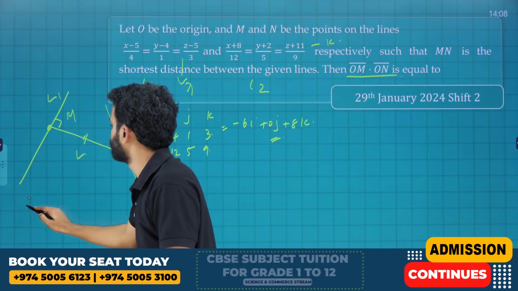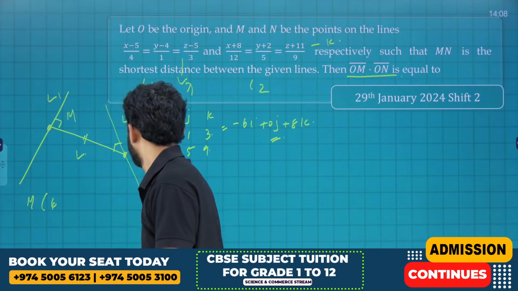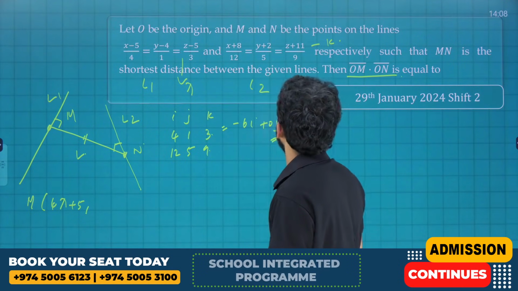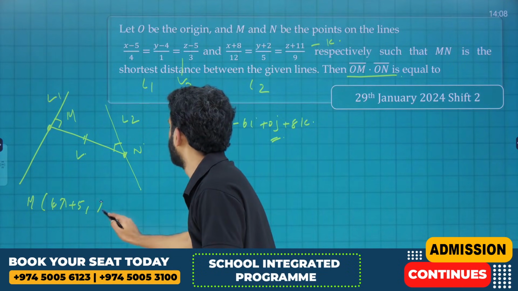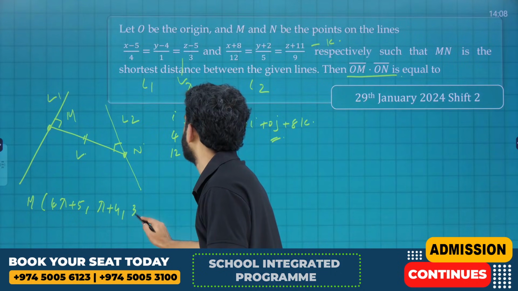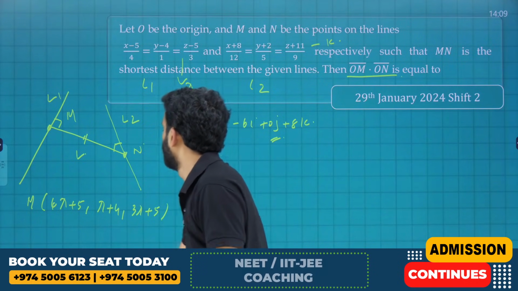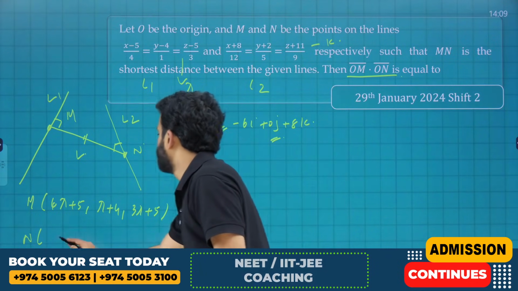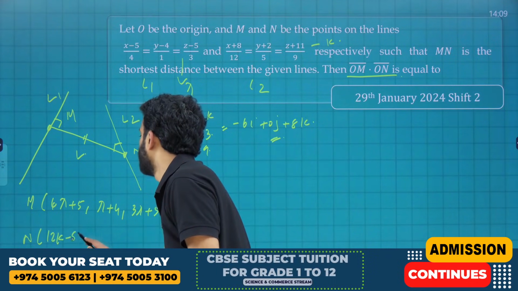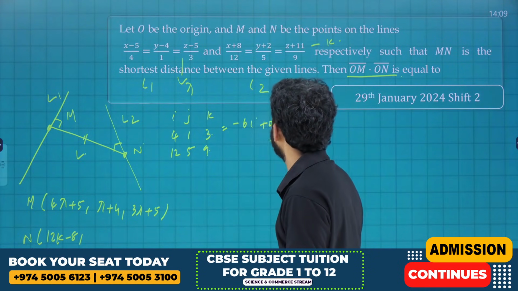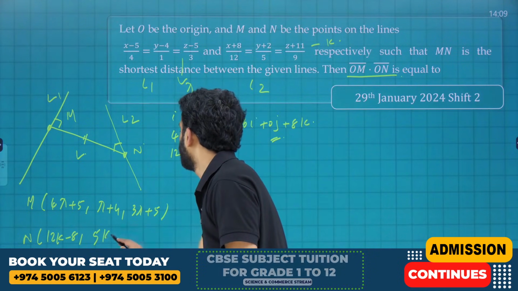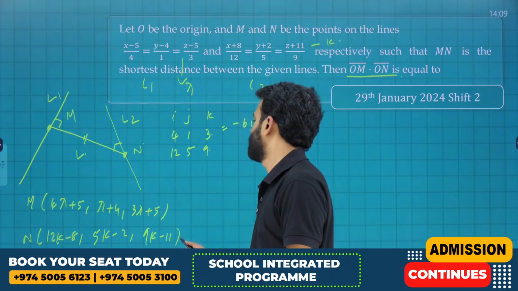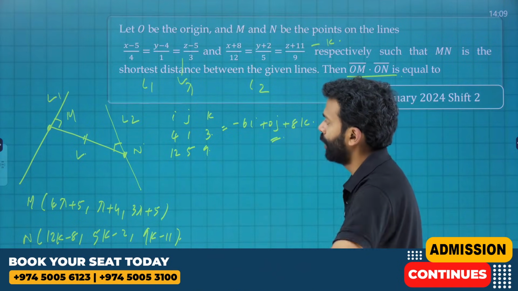That is, M will be (4 lambda plus 5, lambda plus 4, 3 lambda plus 5), and N is (12k minus 8, 5k minus 2, 9k minus 11). Okay, so now we got M and N.